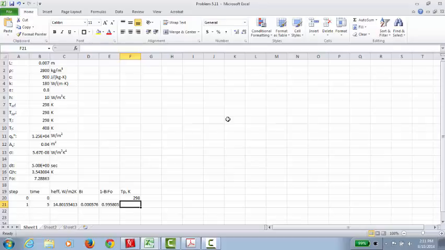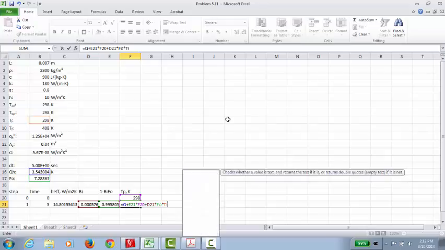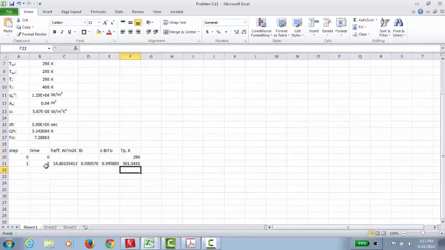And then we can calculate T sub P is equal to capital Q plus 1 minus Bi times Fourier times the temperature at the previous time step plus Bi times Fourier times T infinity. So you can see it's jumped up after 5 seconds from 298 Kelvin to 301 Kelvin.